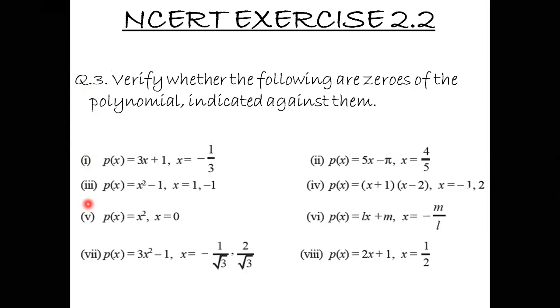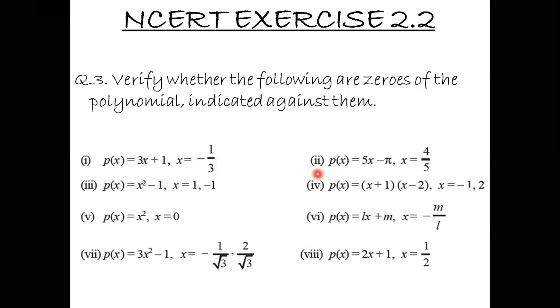So we have got 8 questions. Let us take the first question, which says P of x is equal to 3x plus 1. And as given in the question, we have been asked to verify if x is equal to minus 1 upon 3 is a zero or not. So all that we have to do is replace the value of x with minus 1 upon 3.